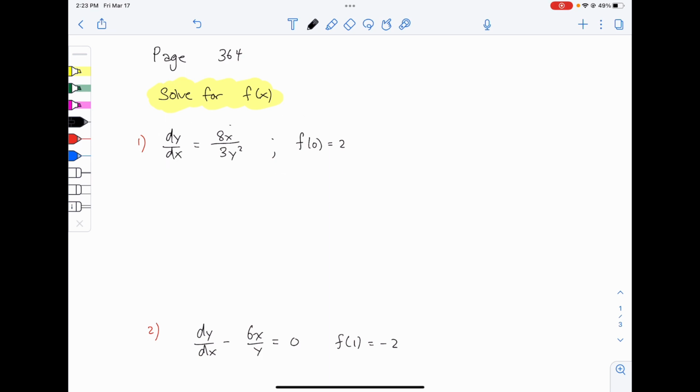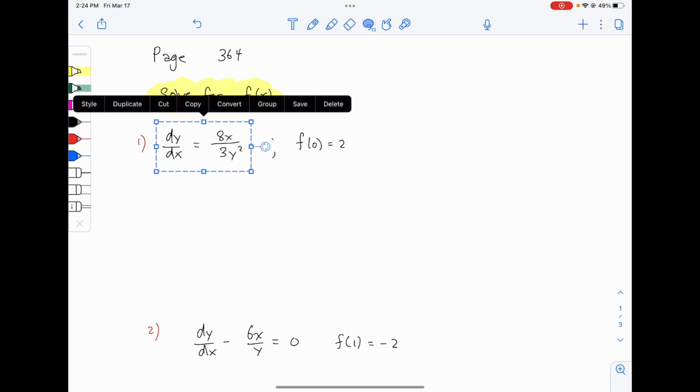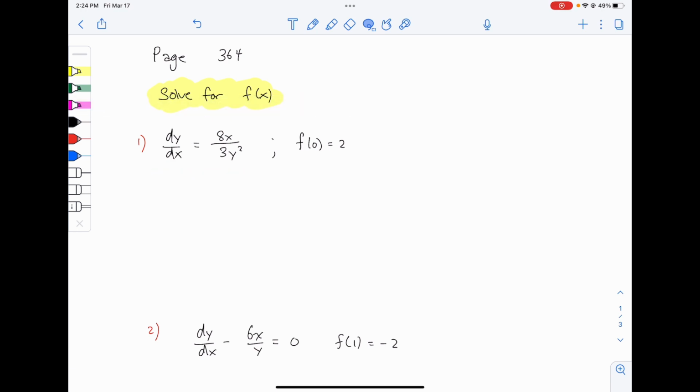Now, the first basic rule is you want to make sure the dy's and the dx's are both on top. And the second thing you need to know is that both the x's and the y's have to be with their respective dx's or dy's. So I won't really explain why this works, but I'm going to multiply both sides by dx.